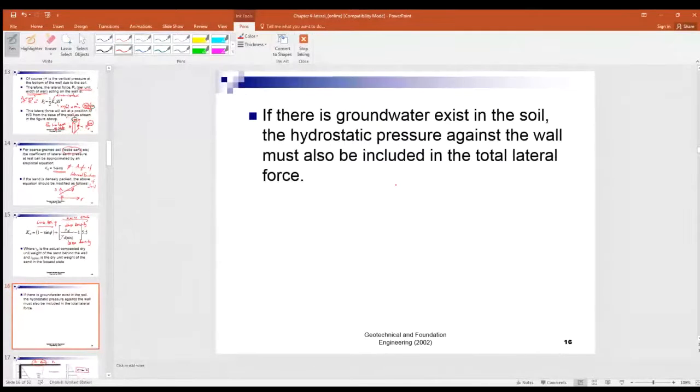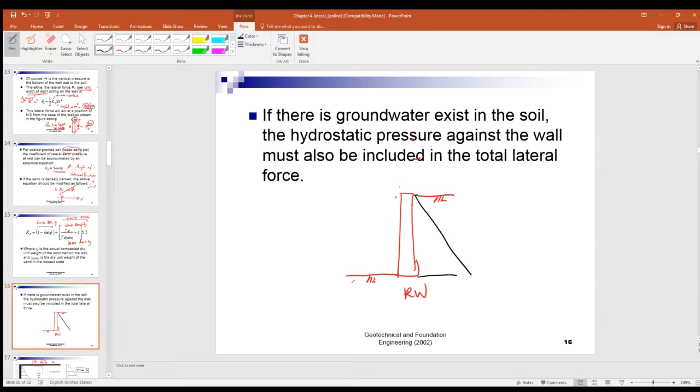Take a look. If that is a retaining wall, and you got a ground surface here, and then you have the active pressure acting behind, say that's the active pressure.